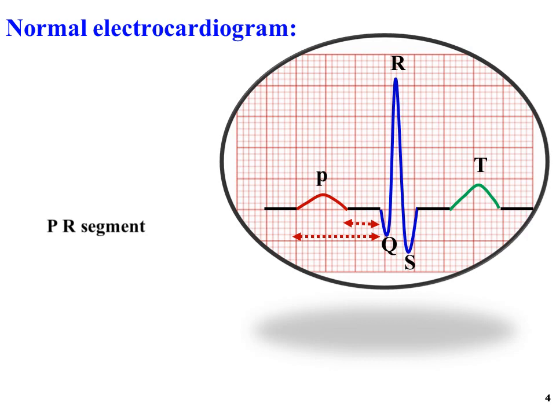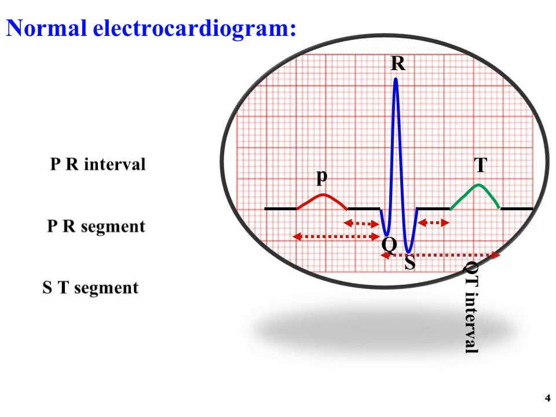Second is the PR interval, from the beginning of P wave to the beginning of Q or R wave. This is the PR interval. Third one is the ST segment, from the end of S wave to the beginning of T wave.